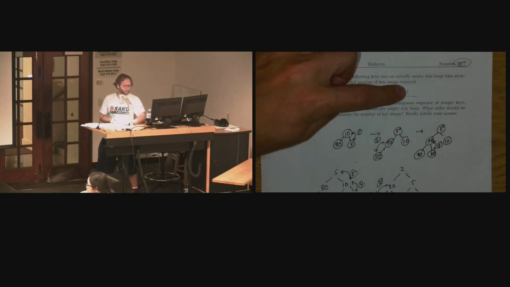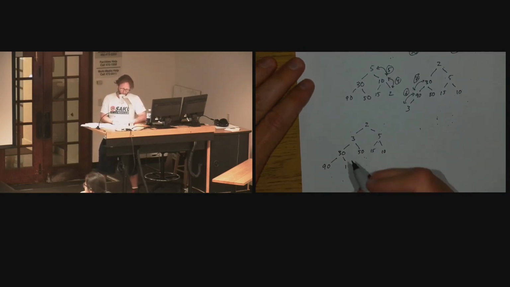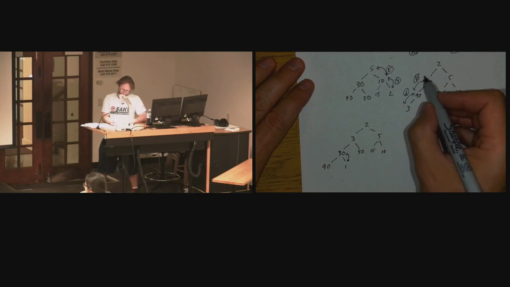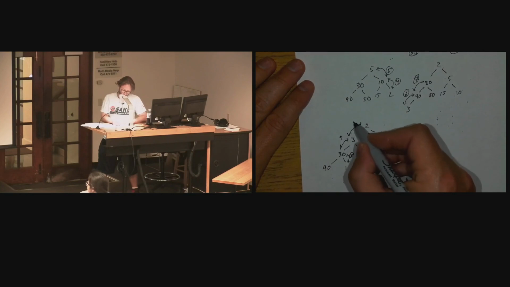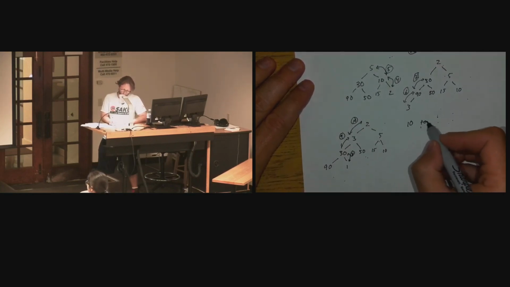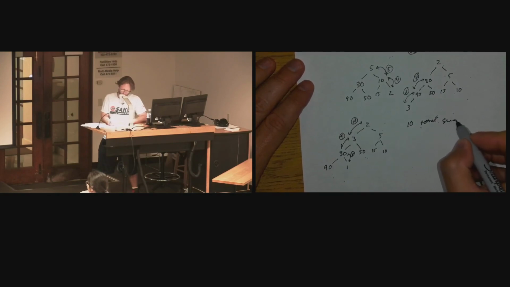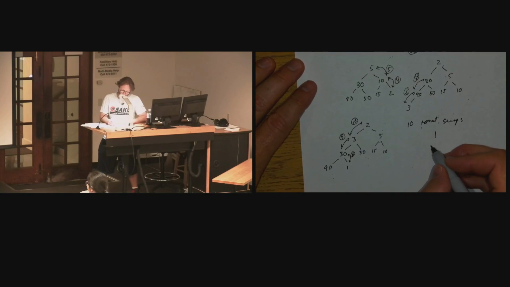Then the last one we insert is 1. How many swaps is that going to result in? 1. So our count was at 7, 8, 9, 10. So 10 total swaps. And the final configuration of this thing is going to be 5, 15, and 10 are unchanged.